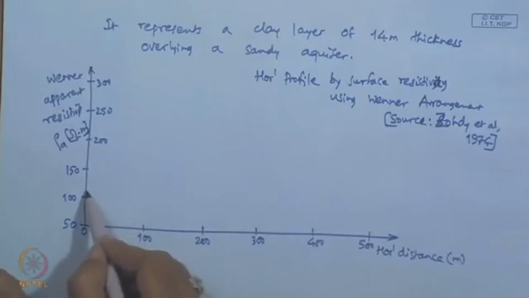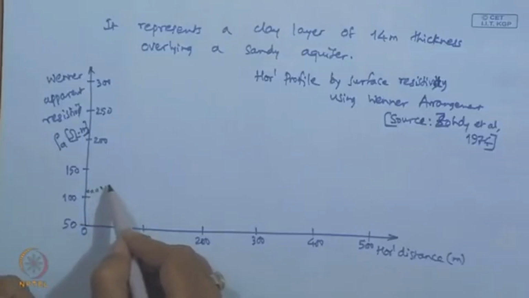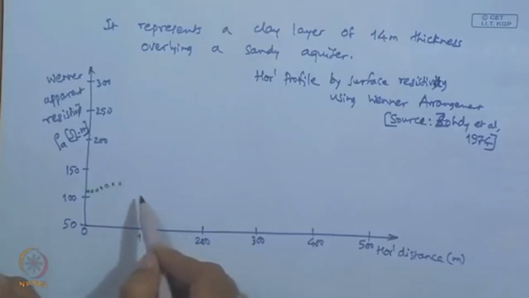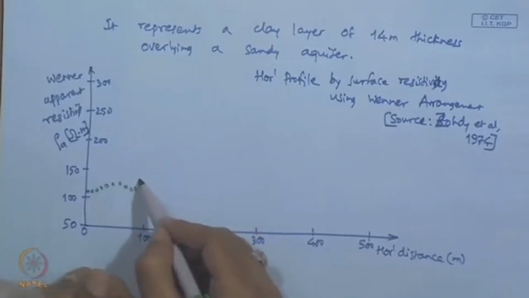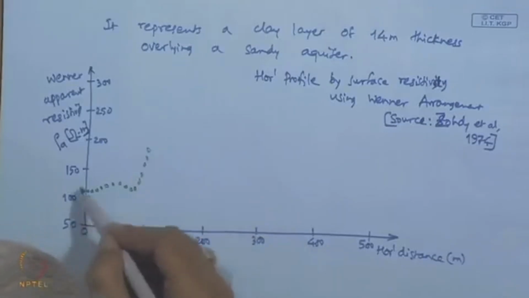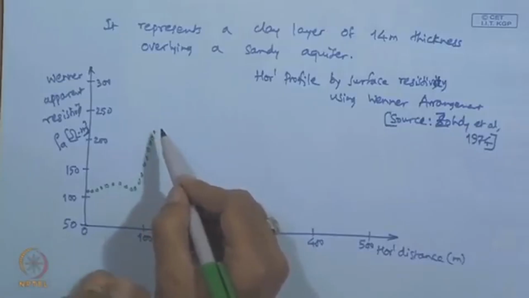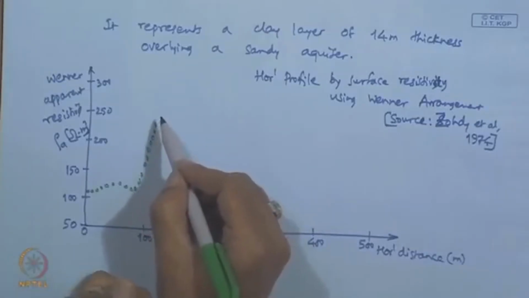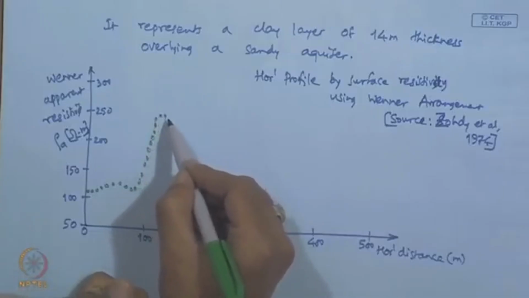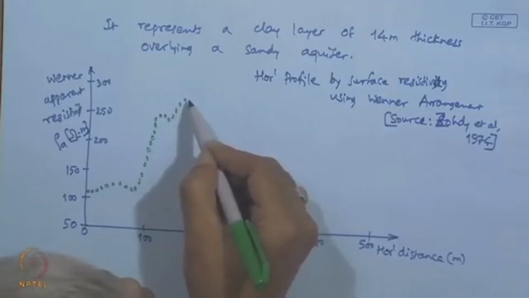Suppose it is a gravelly clay, in this case the resistivity will vary just in the range of 100 to 150 ohm meter, and if it is gravel, then the resistivity will vary in the range of 200 to 250, and even slightly higher also.